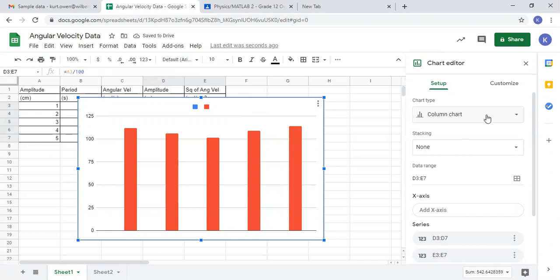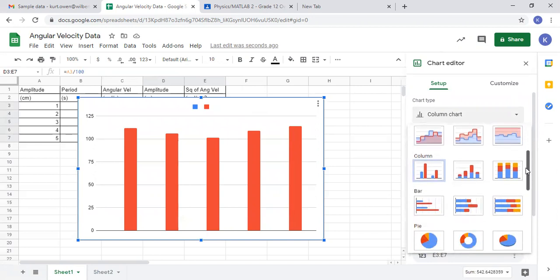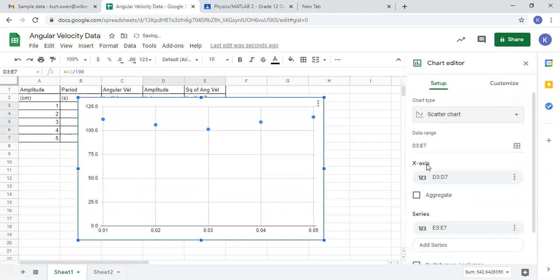All right, now I'm going to want to do all the things that we did before. I don't want it to be a column chart. I want to go down through my options, and I'm going to want a scatter plot. Okay, so those are my points. All right, and then I'm going to want to look at the axes. And this is fortunate. Okay, so when I look at the x-axis, it's going from 0.01 to 0.05.